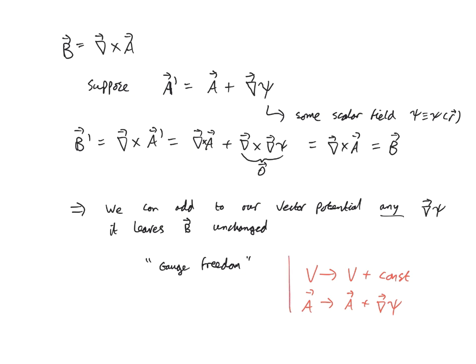So these things I've written in red here are the gauge transformations. And they leave physical properties unchanged, physical observables.